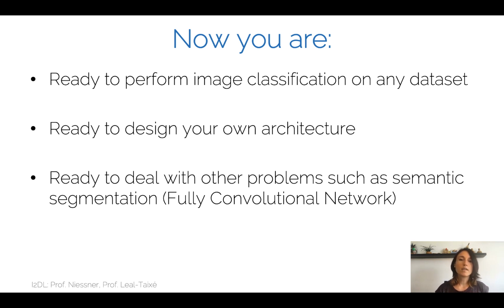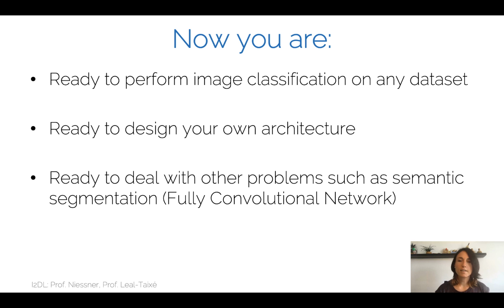You're also ready to design your own architecture or make small changes to existing architectures. And you understand the architectures that are out there, the common names of ResNet, InceptionNet, you know exactly how they work. And finally, you're also ready to deal with other problems.